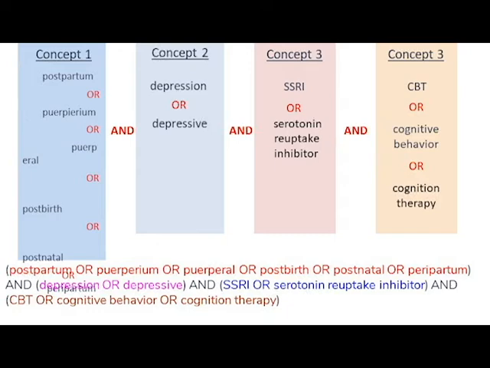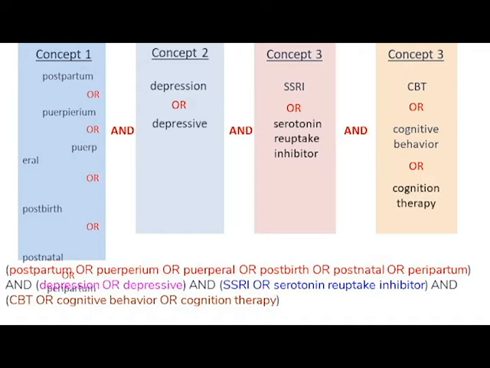So remember in the past search, we had our 4 concepts. Concept 1 was the concept of postpartum. What I've done vertically, and I often do this on a piece of paper when I'm writing down a search, is I'll write down postpartum, and then as I do research, vertically I'll do all the ors.